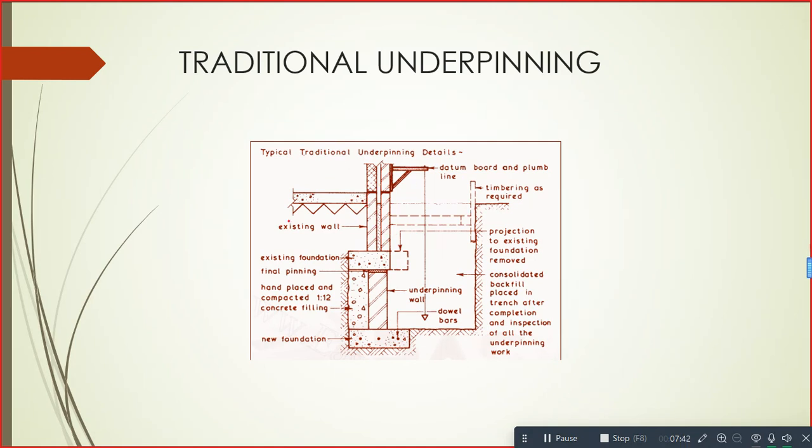As you can see on the image, there's what we are calling an existing wall here. You can see there's also the existing foundation there. And then you can see the wall to be underpinned. This was the existing foundation. You have the new foundation down there. And this is the wall to be underpinned, the foundation wall. These are the typical details of underpinning to walls, or what we call the traditional underpinning method.